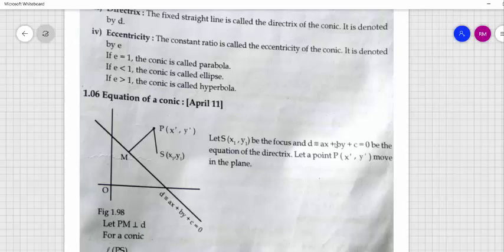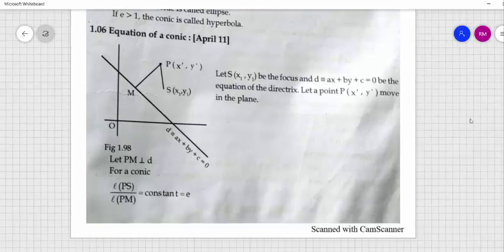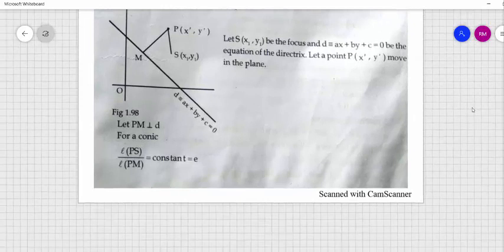Let point P, having coordinates x dash, y dash, move in the plane. PM is perpendicular to D. See this diagram: the length PS divided by PM is always constant, because the point S is fixed and this line is fixed. That ratio is called e.